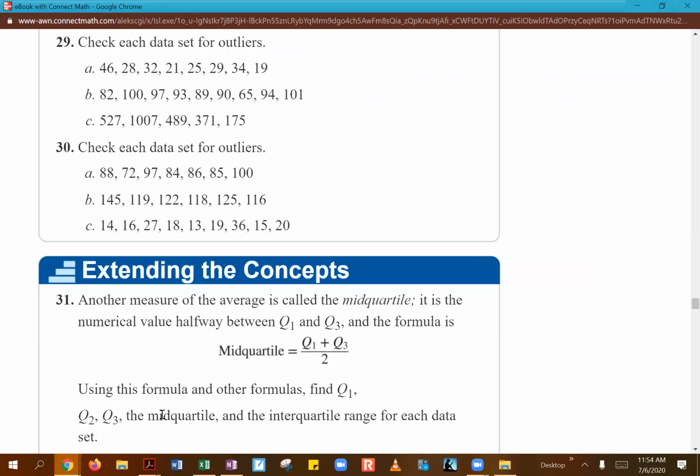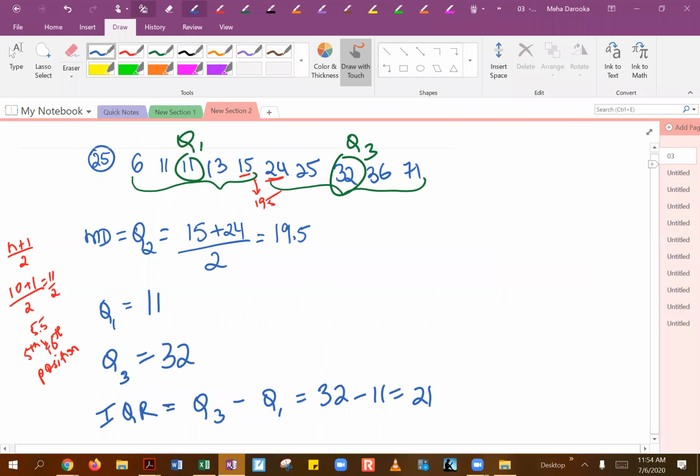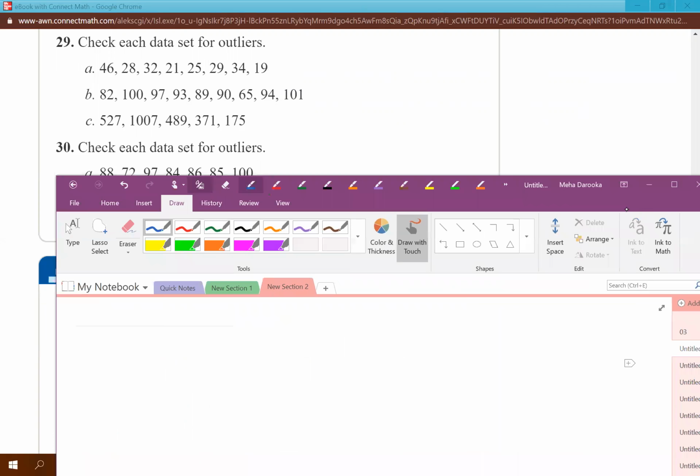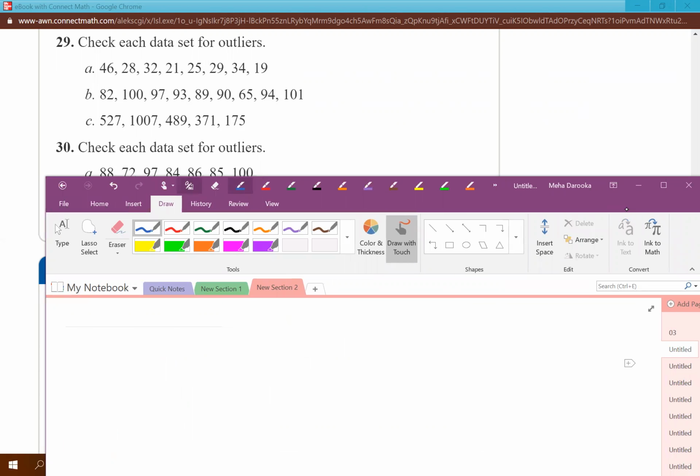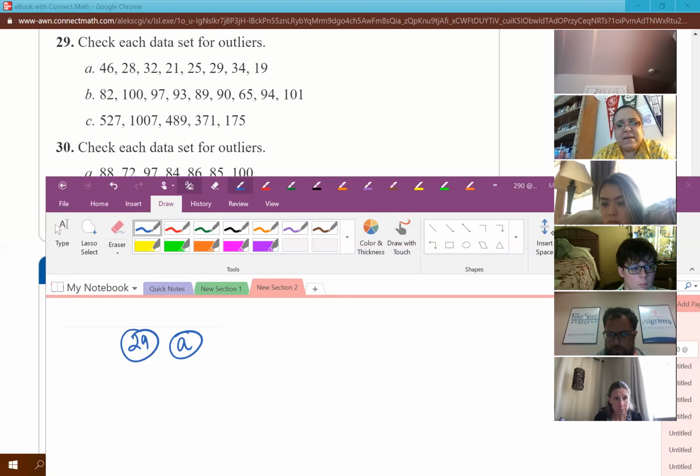So what will we have? So what is that order going to be for part A?